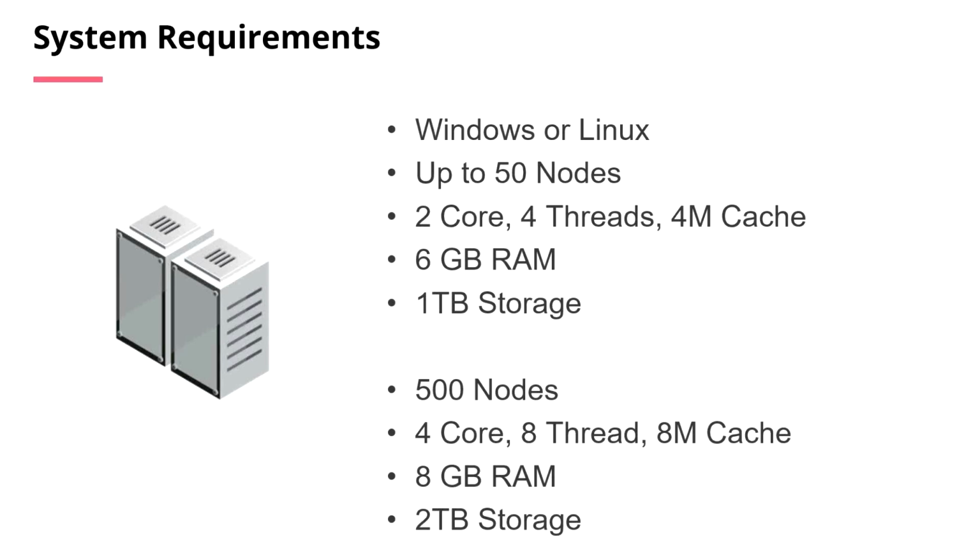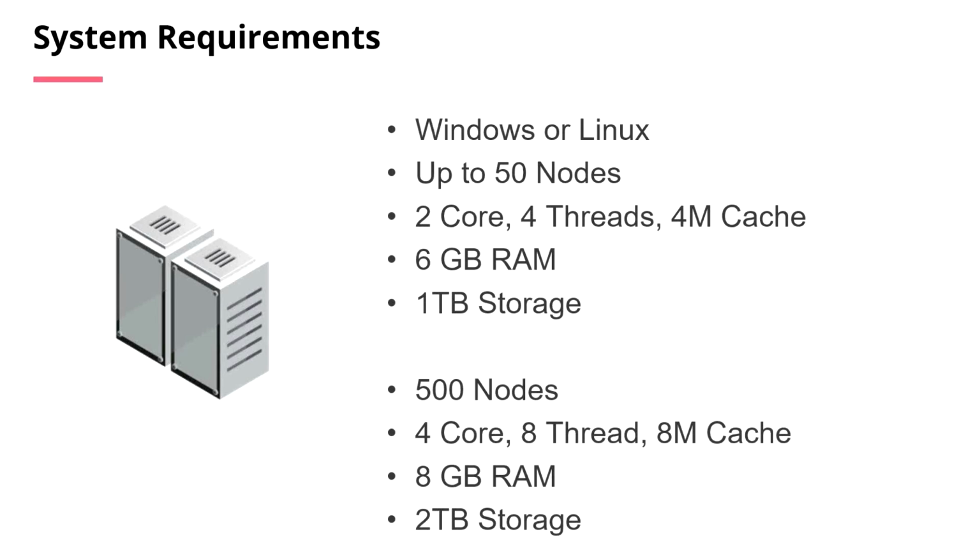VigorACS runs on Windows or Linux. For larger installs, we recommend Linux because it's generally better at memory management. So for up to 50 nodes, we'd recommend something that has 2 cores, 4 threads, 4 million cache, and about 6 gig of RAM and 1 terabyte of storage.